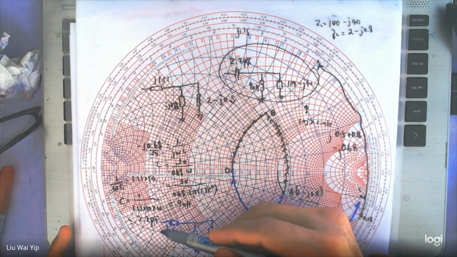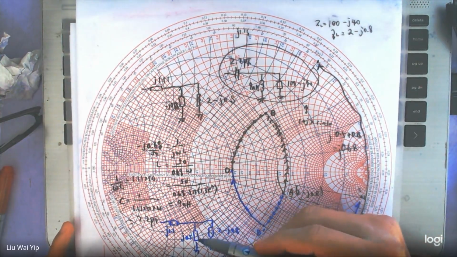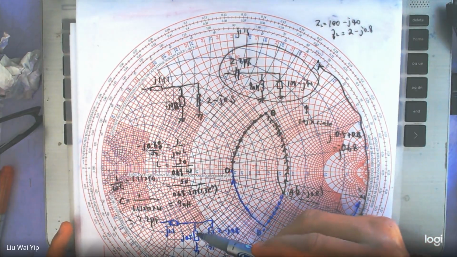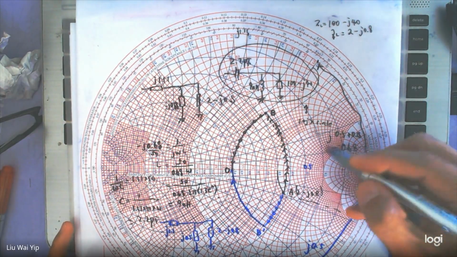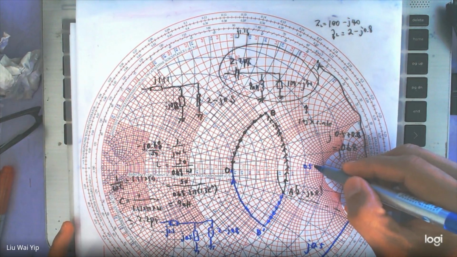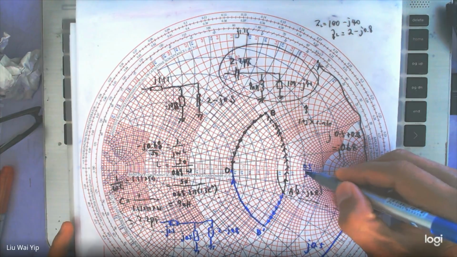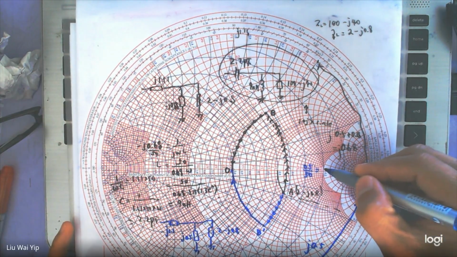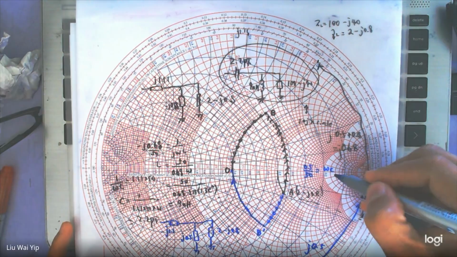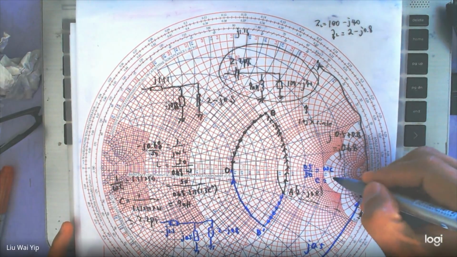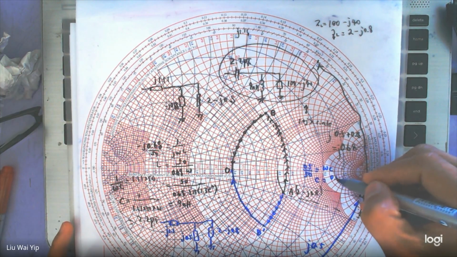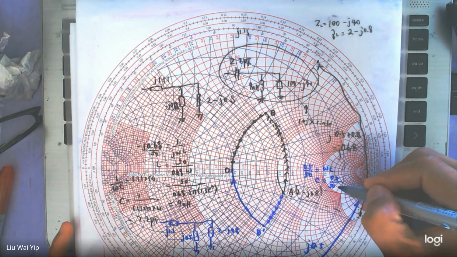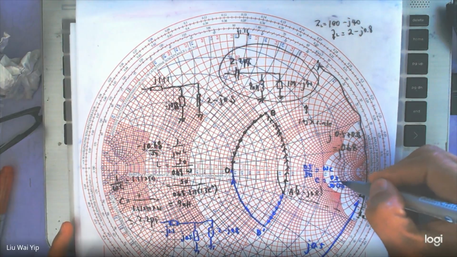Okay, so let's take a look at the value, and this one will be capacitance. So 0.5, you need to denormalize it, divided by 50, and then omega c. And then from here, you calculate the value of the capacitance. Here, sorry, 0.5, 50, and then 2 pi 1.3.